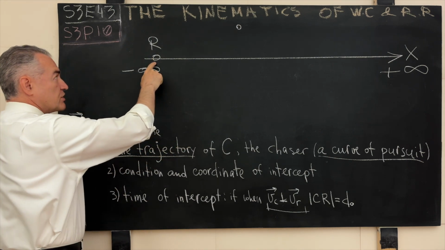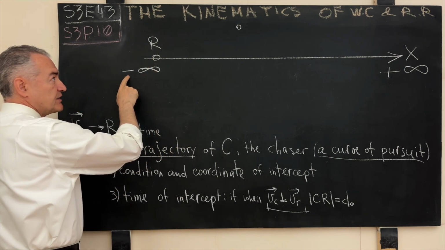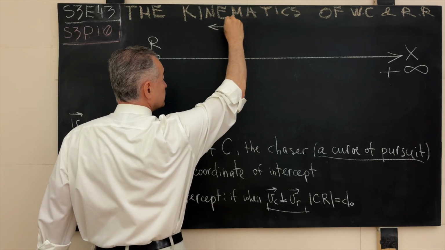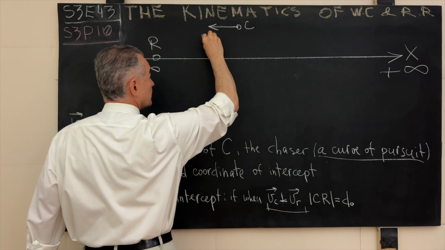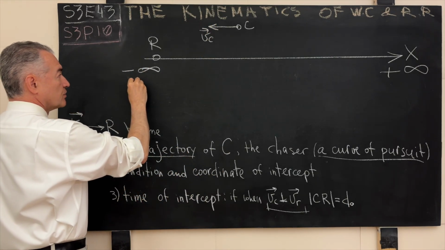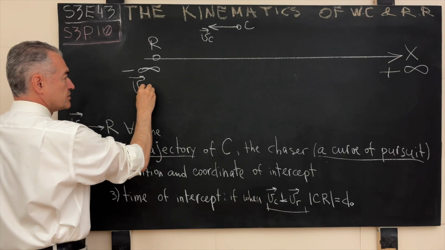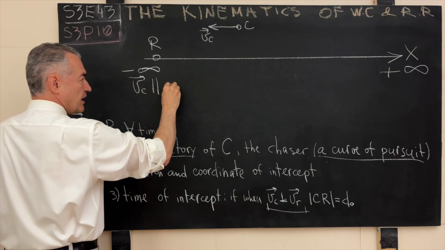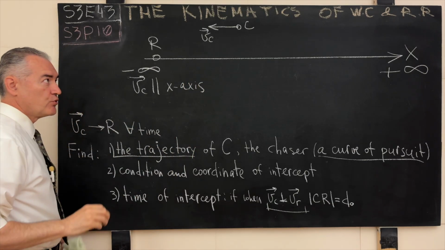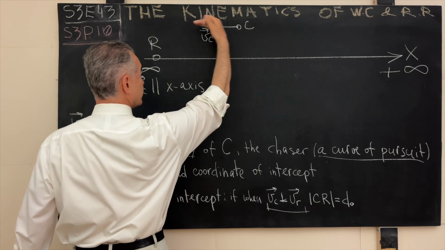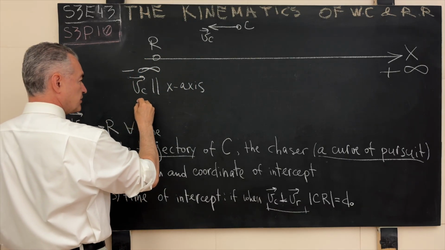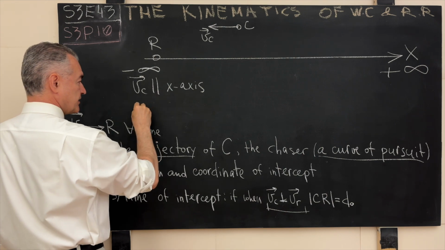But here is the thing. If the runner R was at negative infinity, then the vector of the velocity of the chaser, look at this, this is the vector of the velocity of the chaser, was parallel to the x-axis, and it was pointing where? Well, it was pointing logically leftwards, this way, towards the negative infinity. And what is the angle between the velocity vector and the x-axis?